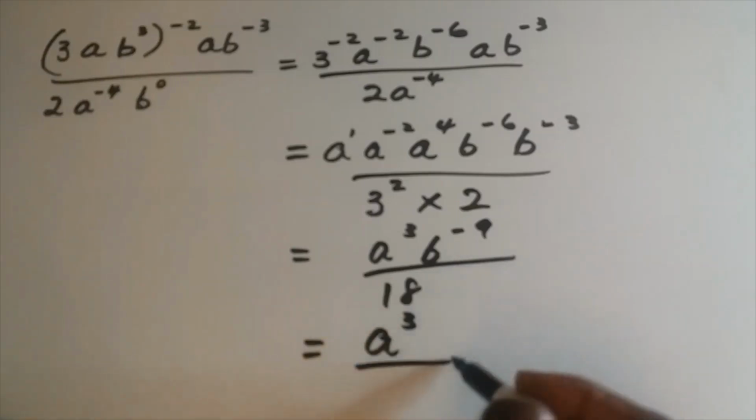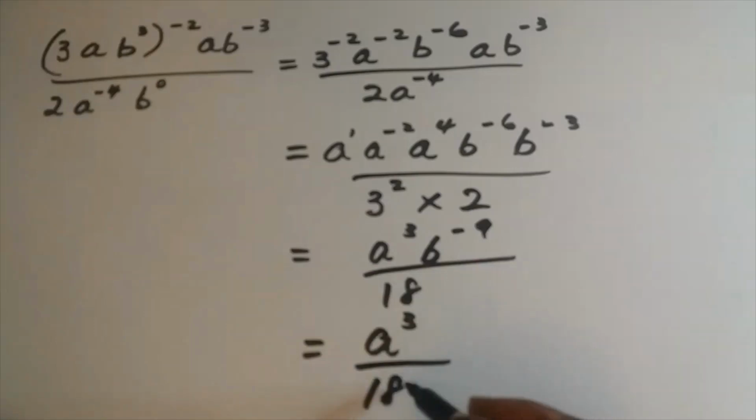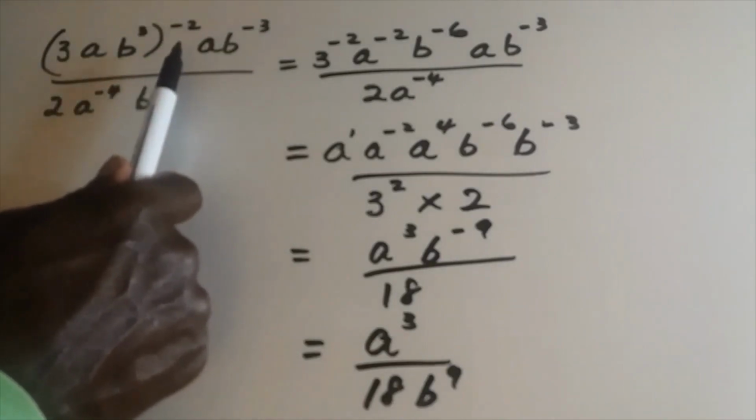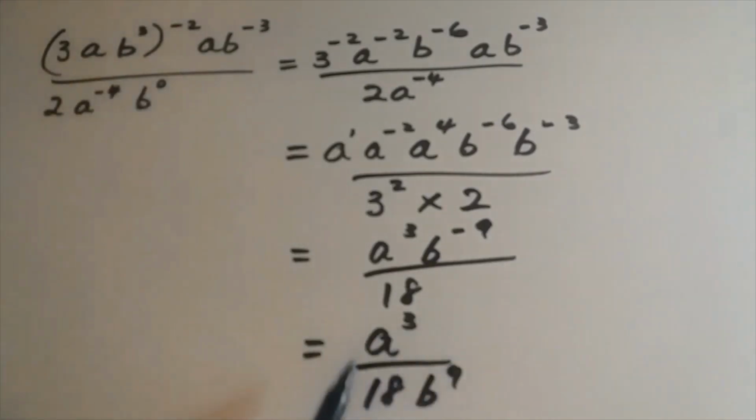We have a cubed, we bring b to the minus 9 to the denominator, it becomes b to the 9th power. And that's it. We've reduced what we're given here with negative exponents to something simple with positive exponents, powers or indices.